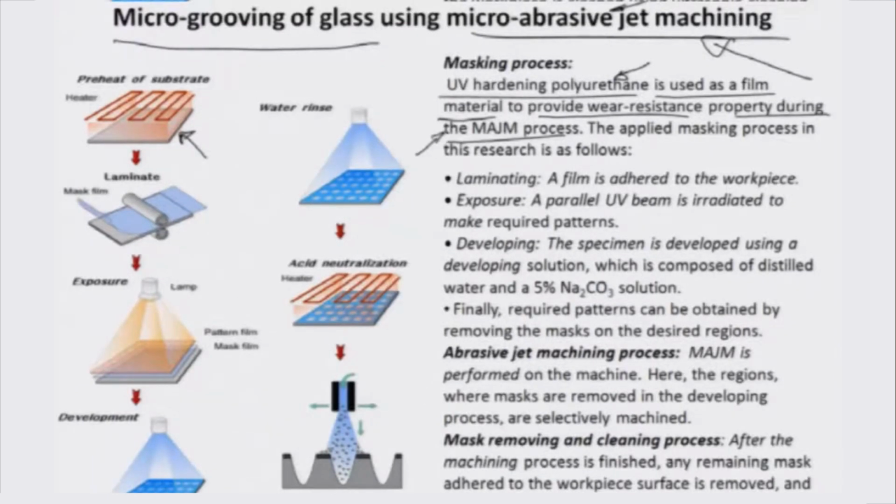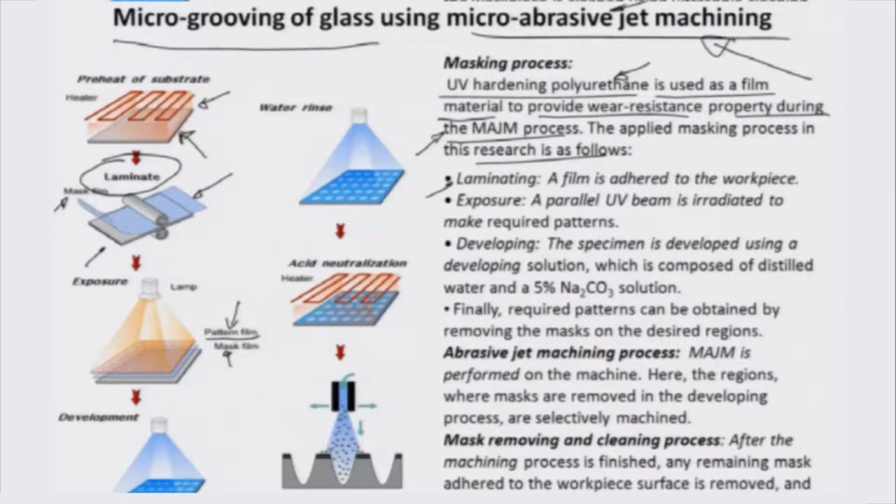The applied masking process is illustrated here. You create a small mask film and laminate the substrate, which is preheated and UV exposed hardened polyurethane, and basically expose using a pattern film, or the mask film, which is this laminate right here.